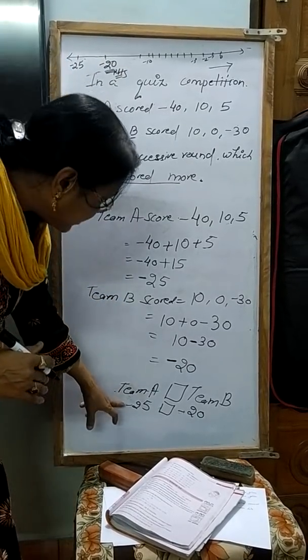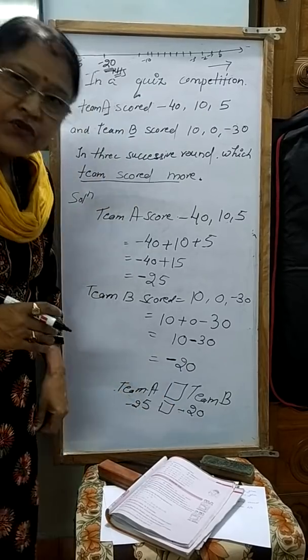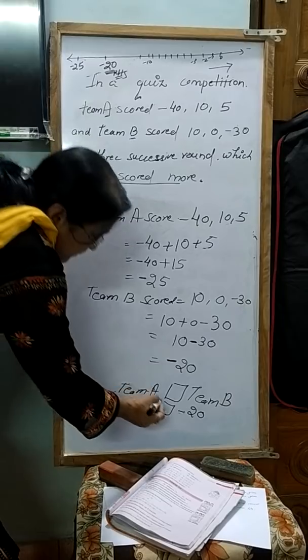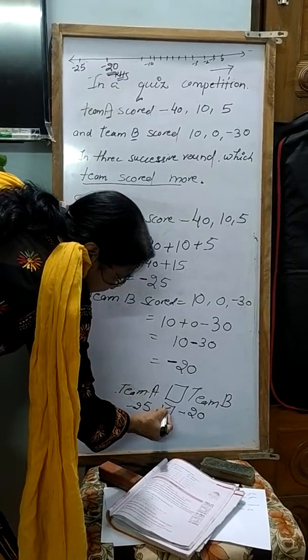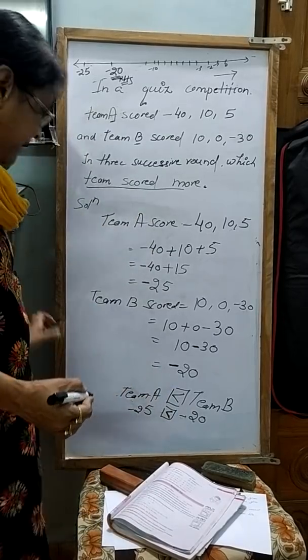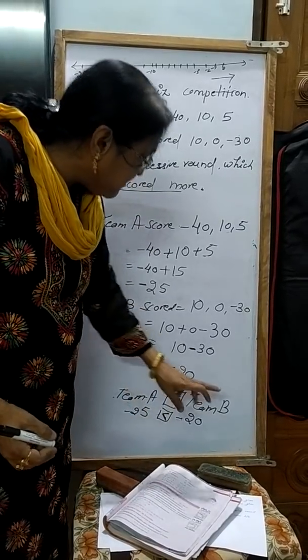It means -25 and -20, -25 is less than -20, means team A is less than team B.